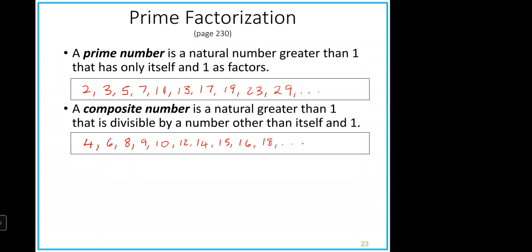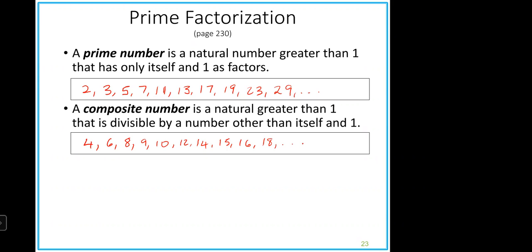All right. So if you don't count 1, 1 is neither prime nor composite. If the number is not prime, then it's composite.